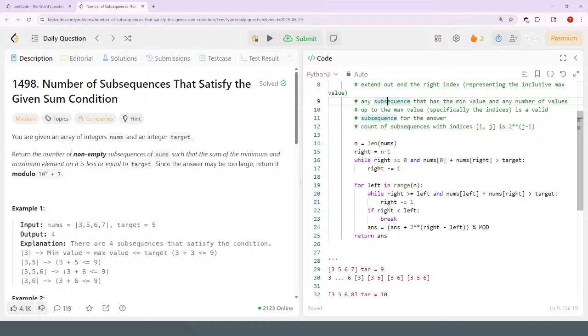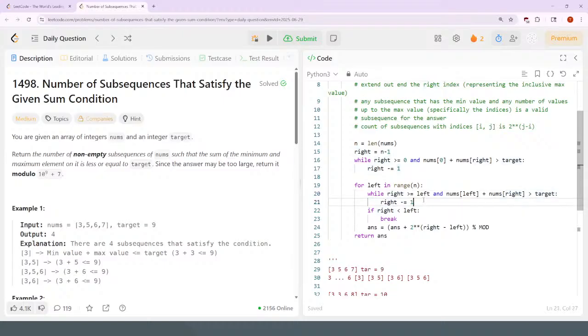So you sort it, you figure out what the rightmost bound window is. And then you do the main loop, which is going to go through every value and verify that the bounds are still fine.